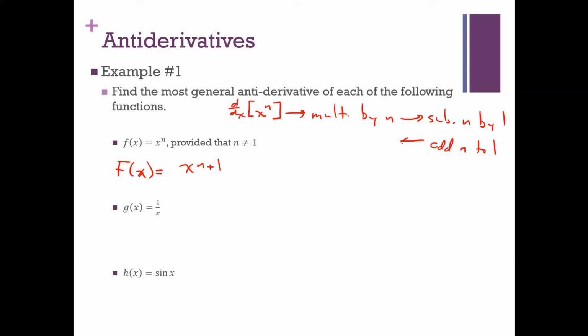Then after I do that, what am I going to do? Divide by n plus 1. Yeah, not n, because the exponent is no longer n, it's n plus 1. Is that the full antiderivative? Yeah, plus c.